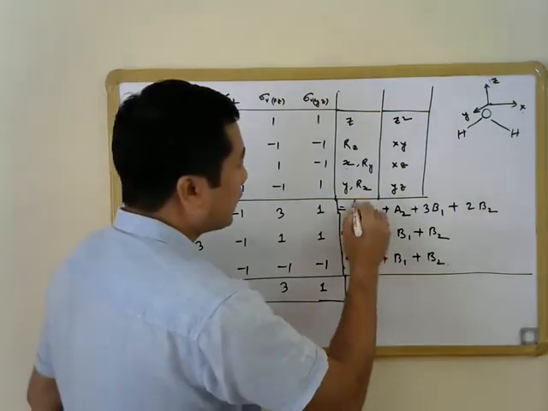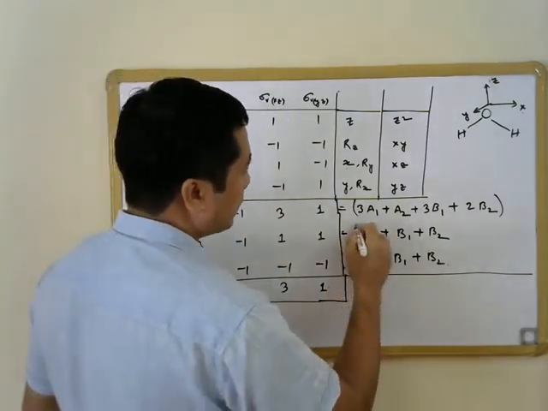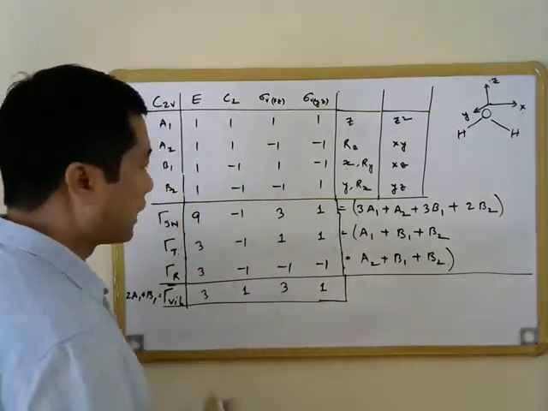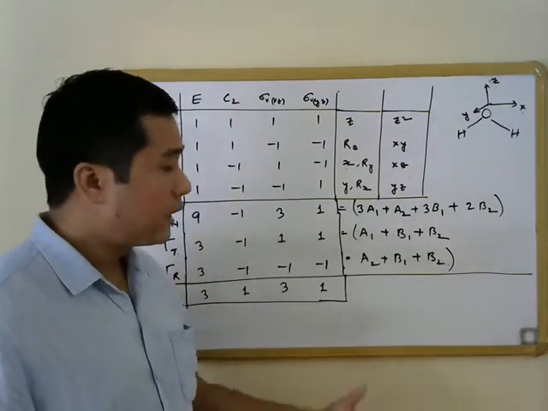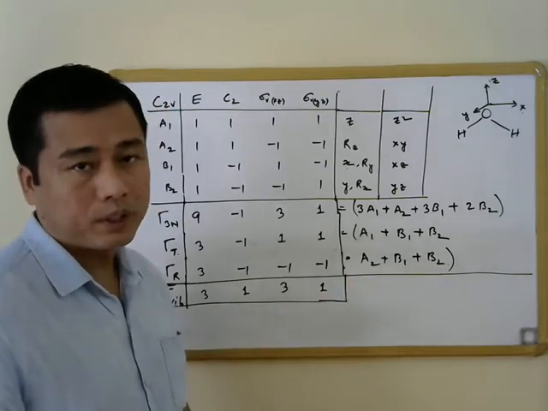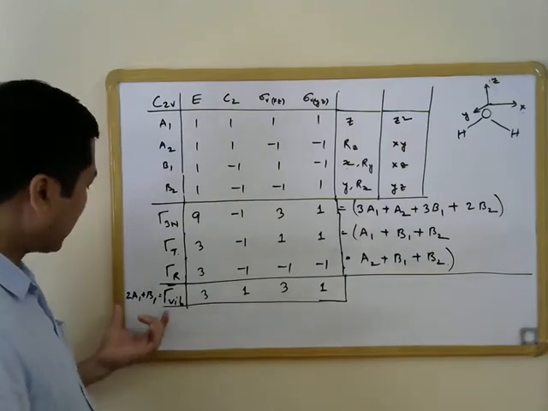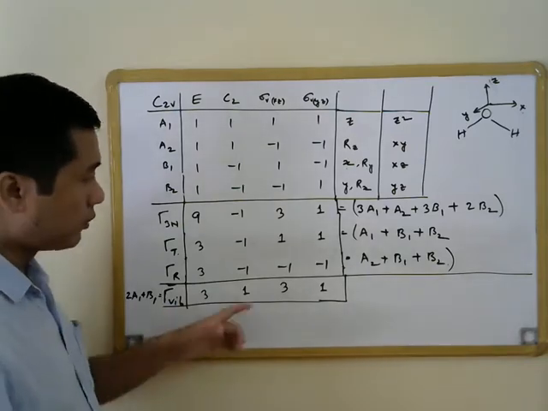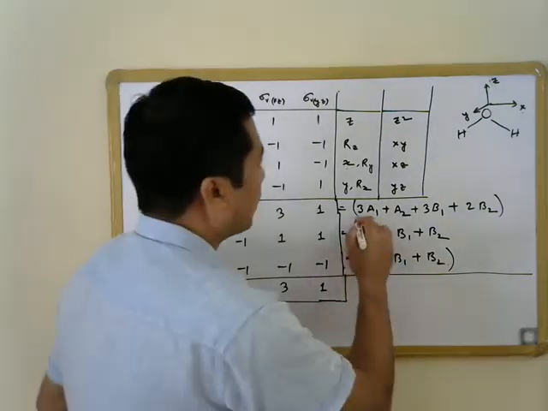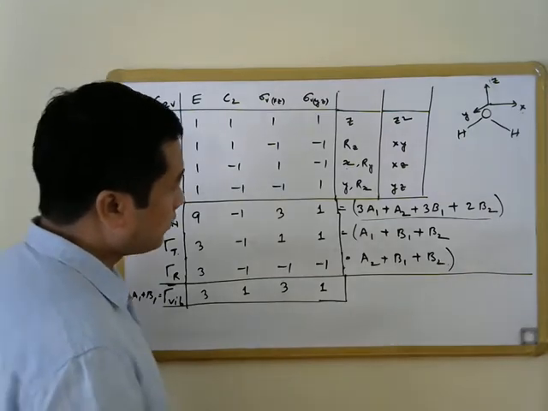So if we take the irreducible components of gamma 3n, and deduct the irreducible components of gamma t and gamma r from gamma 3n, again we should get the irreducible components of gamma vibrational, and we should get the answer equal to 2a1 plus b1. So let us do that and see if it is correct or not.